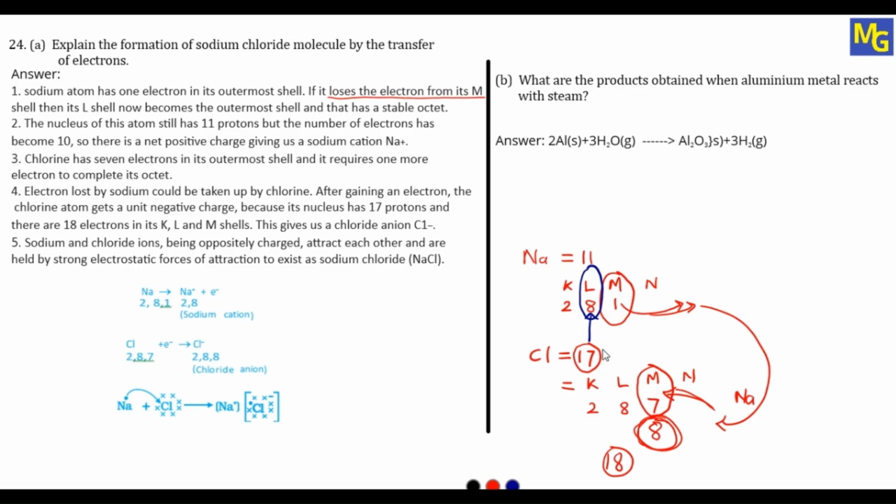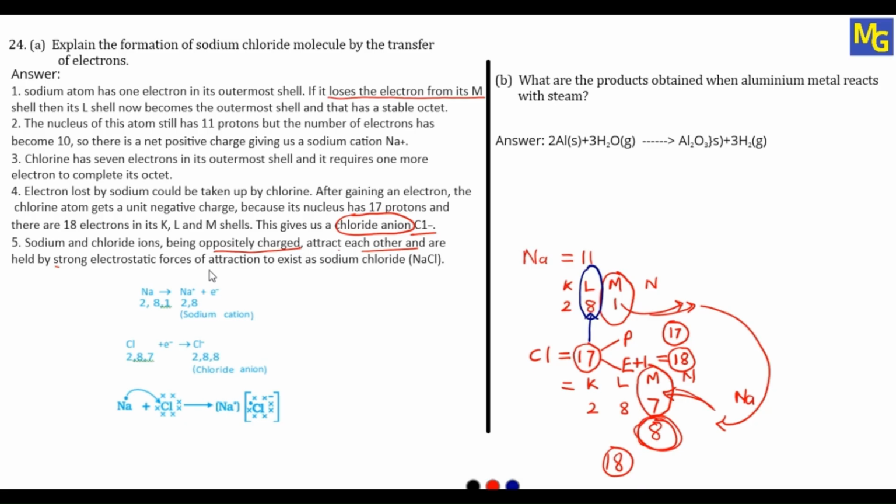We have added one more extra electron, so electrons became 18 and protons remain 17. Because electrons are more, Cl will get a net negative charge and will be written as Cl-, which is called the chloride anion.